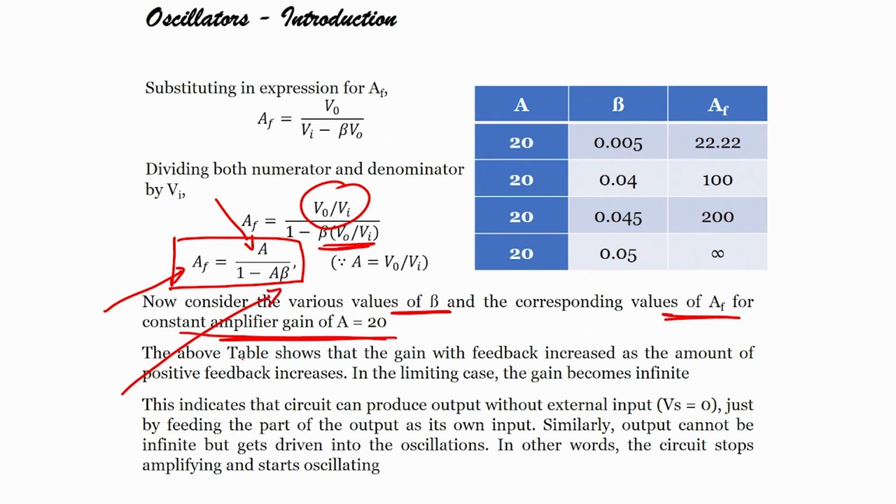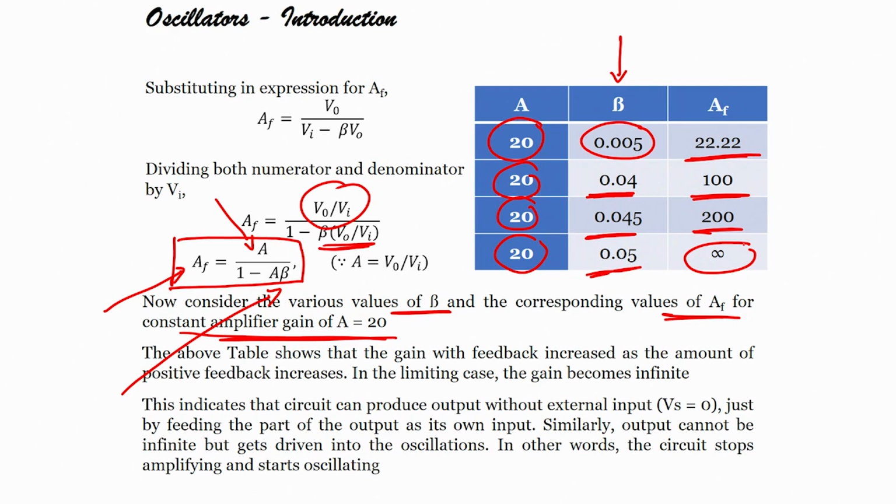If beta equals 0.05, I get AF equals 22.22. Increasing the value of beta increases my gain AF, increasing further increases it more, and increasing a little bit further makes my AF infinite.